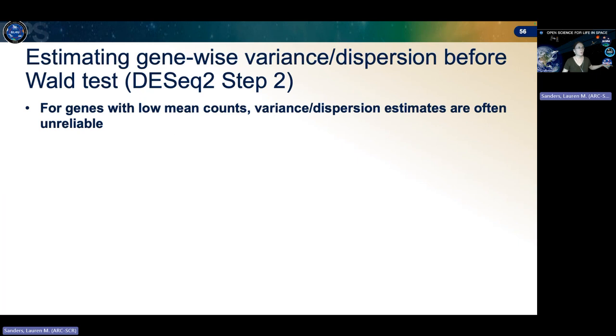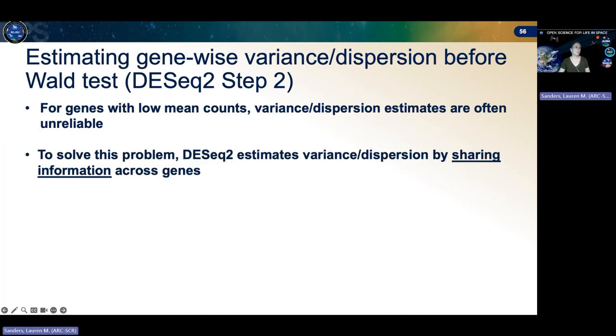For genes with low mean counts, it's important that we estimate gene-wise variance before the Wald test. Our variance, or dispersion, which is the word that DESeq2 uses, these estimates are often unreliable.